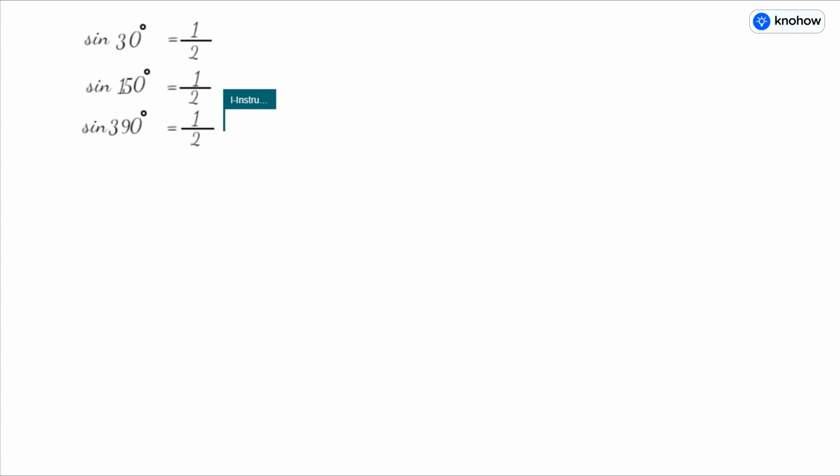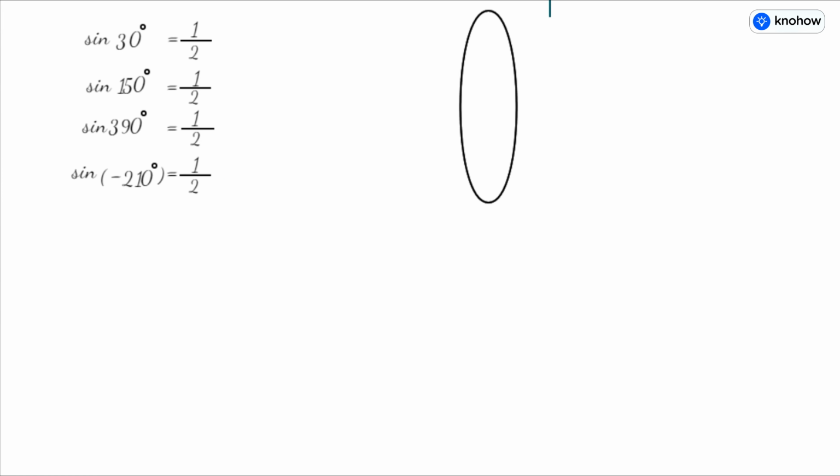And that of minus 210 degrees, that is also half. It means, if I discuss it in terms of function, if theta is 30 degree or 150 degree or 390 degree or minus 210 degrees, in all such cases, the value of sine theta remains half.